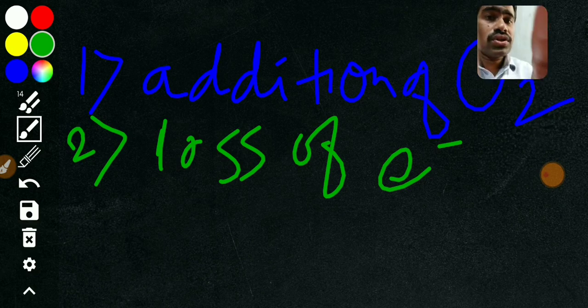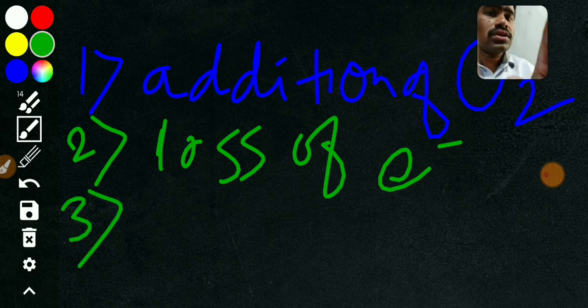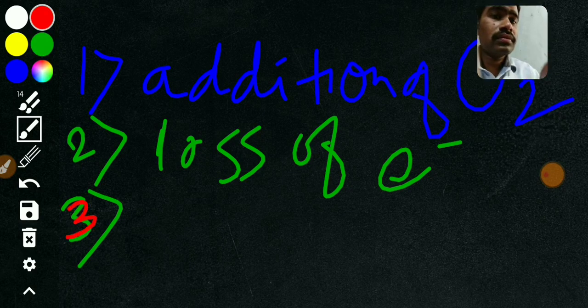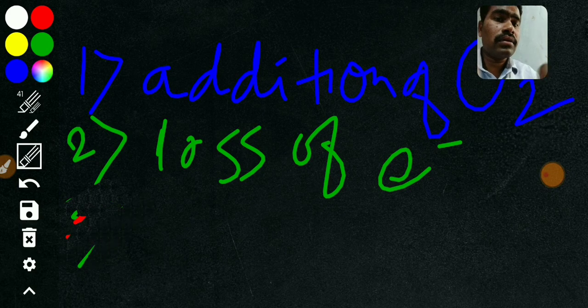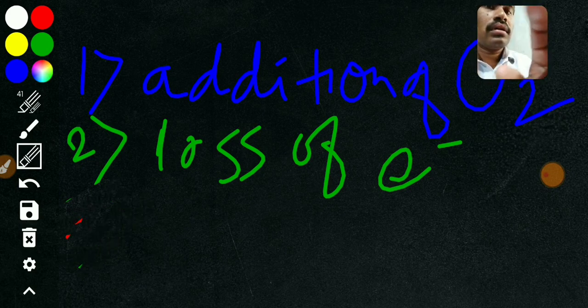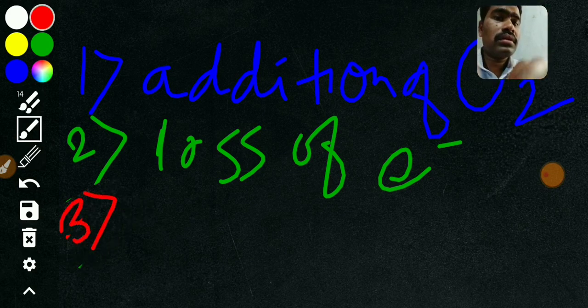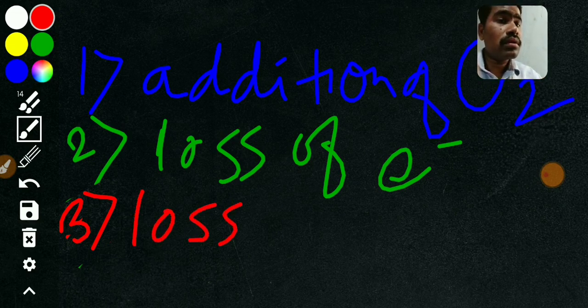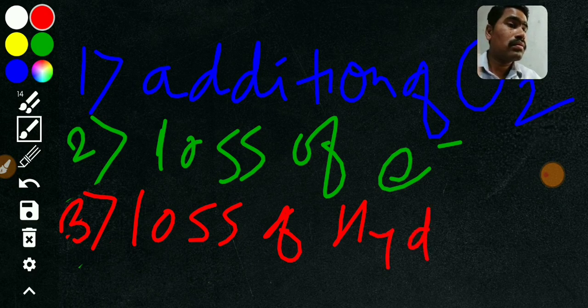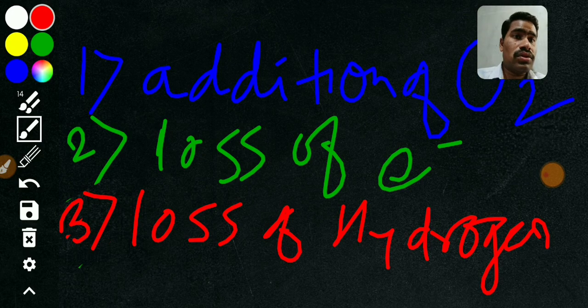And the third definition, let me write here, is that loss of hydrogen is also called oxidation. So there are three definitions. We are trying to define oxidation.